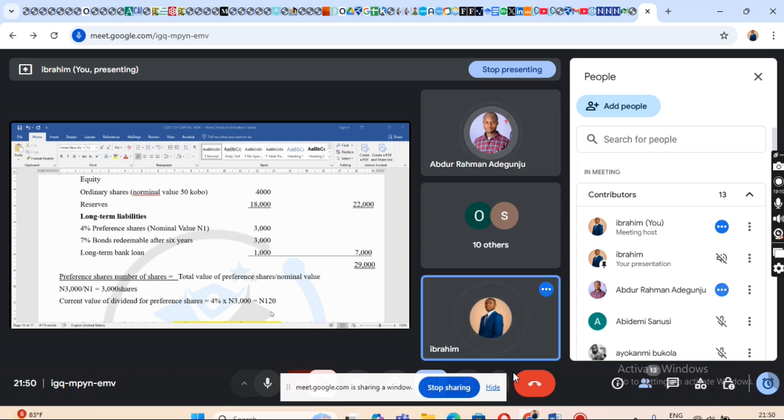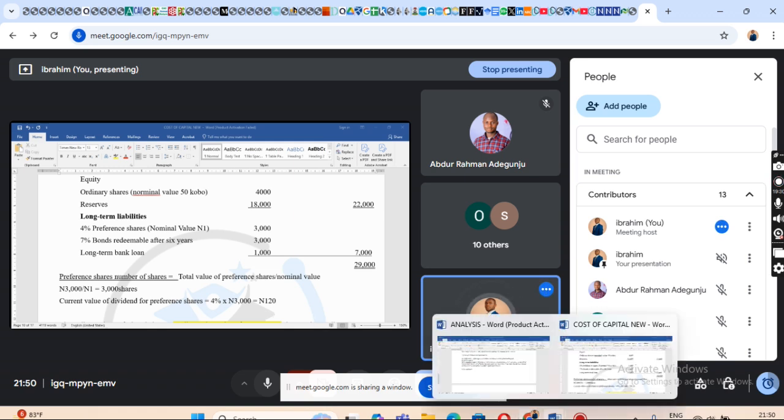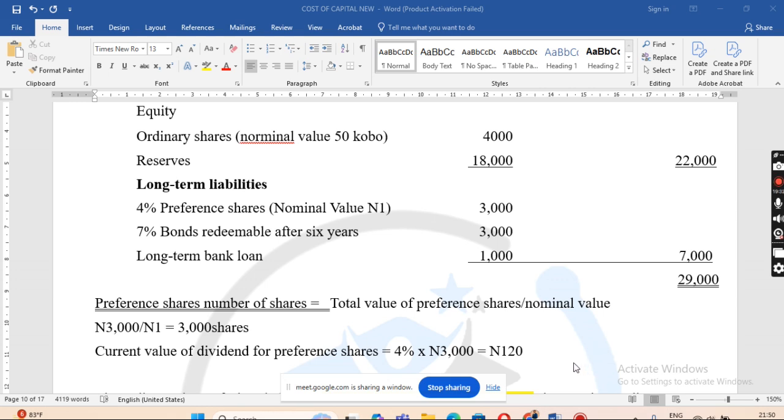God bless you, Abdurrahman. 120 million divided by the 3,000 shares. Or you just use 120 naira divided by what? 3,000 shares. We give you your current dividend per share for the preference shares. Now, let me go back here.